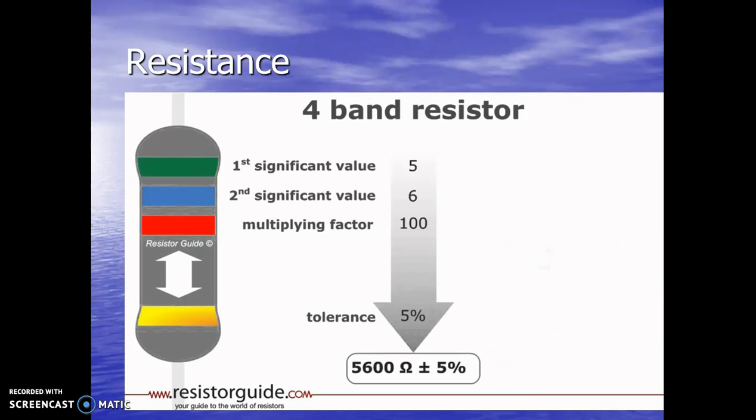Now, the band that's set apart, in this case gold, gives us the tolerance. And so we can say that this resistance is 5600 plus or minus 5%. And this number is important because we can then calculate what the minimum value a resistor that looks like this is liable to give us, which is 95% of 5600, or a maximum value, which is 105% of that value.